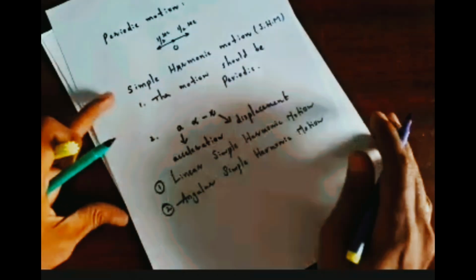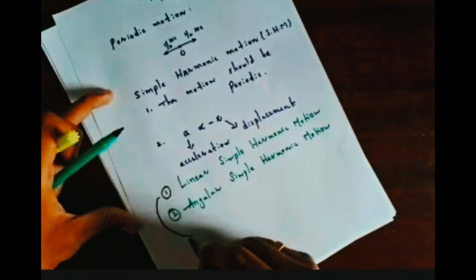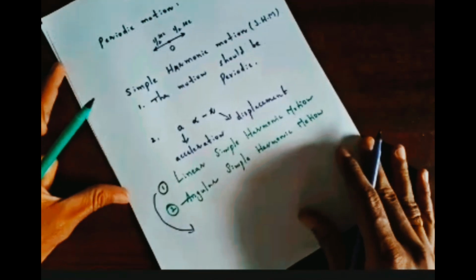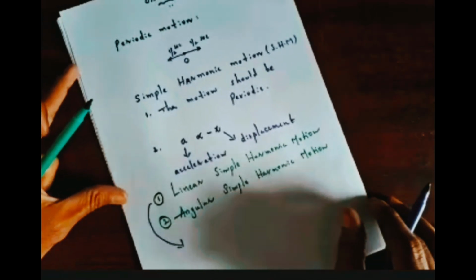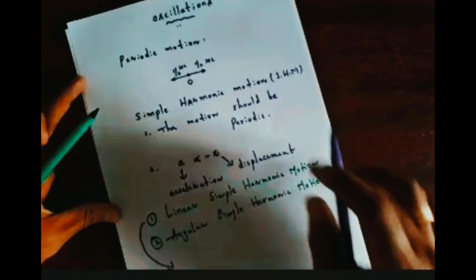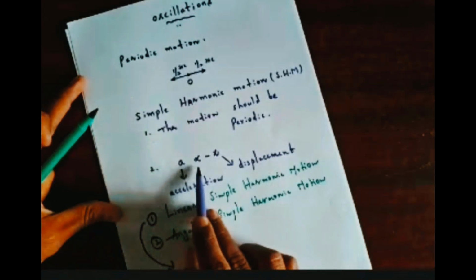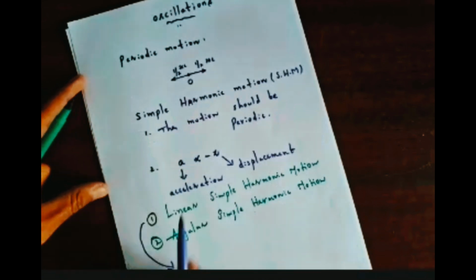What is the condition of linear simple harmonic motion? For the explanation of SHM, the condition I considered is that acceleration is directly proportional to displacement. Here acceleration is linear acceleration, and x is displacement, which is called linear displacement.